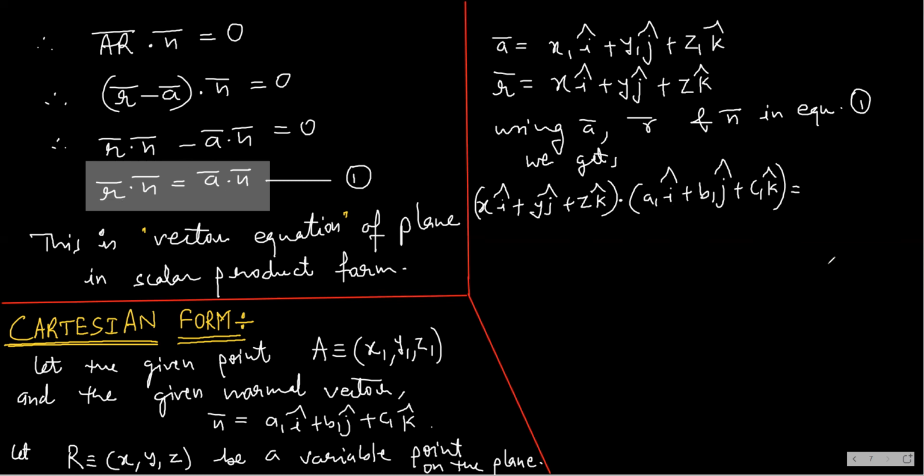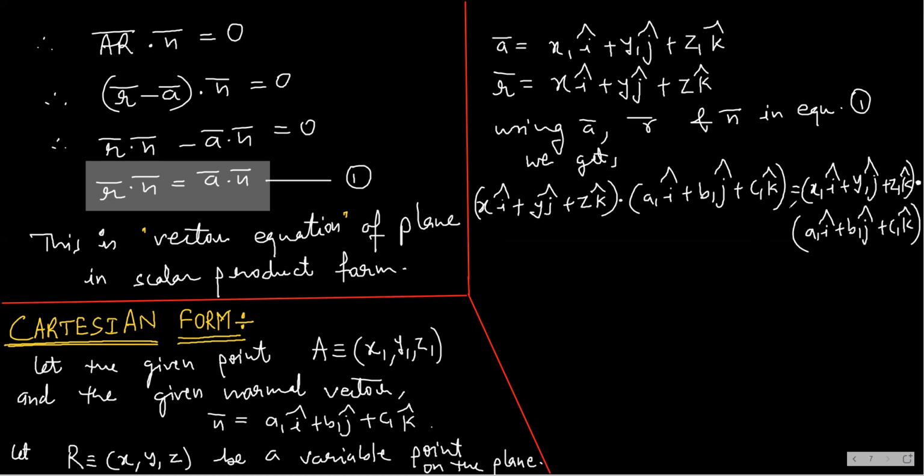Now A bar dot N bar: what is A bar? A bar is x1 i cap plus y1 j cap plus z1 k cap, dot N bar. What is N bar? N bar is a1 i cap plus b1 j cap plus c1 k cap.